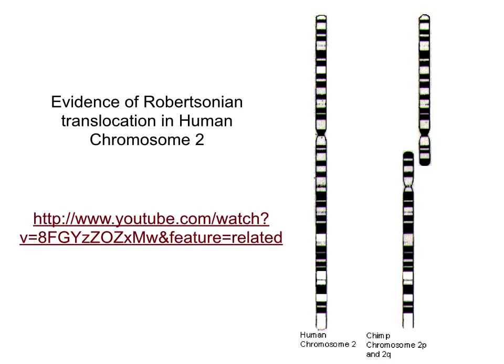So all we have to do is to scan the human genome and see, do we have a chromosome that has these marks, telomere DNA in the center and two centromeres? Well, the answer turns out to be we do. And it's human chromosome number 2. The evidence is unmistakable.